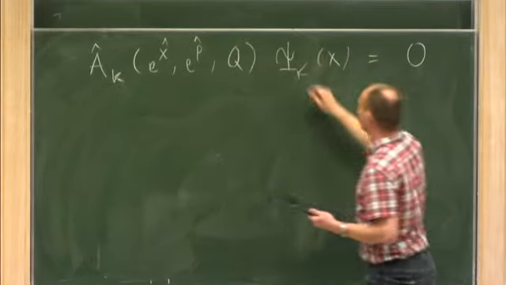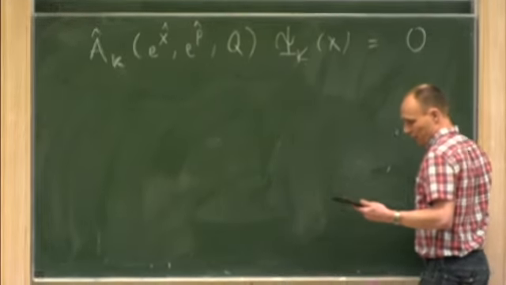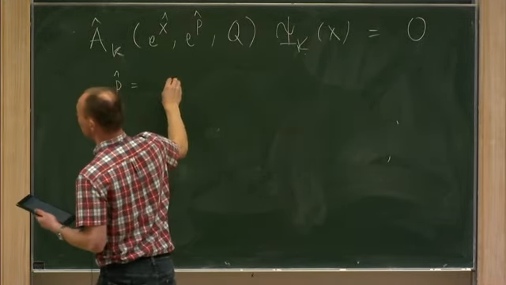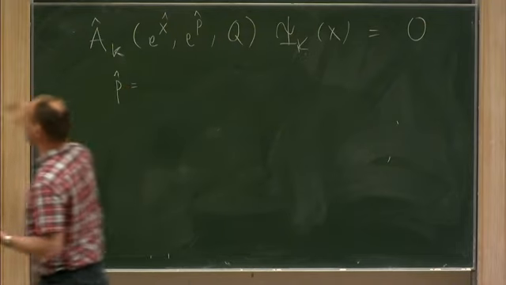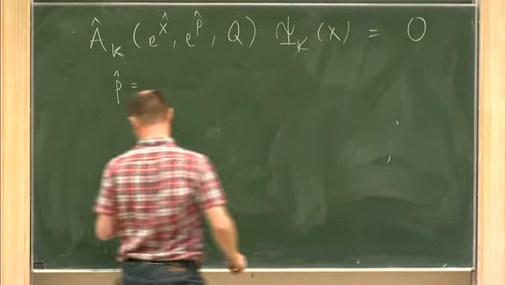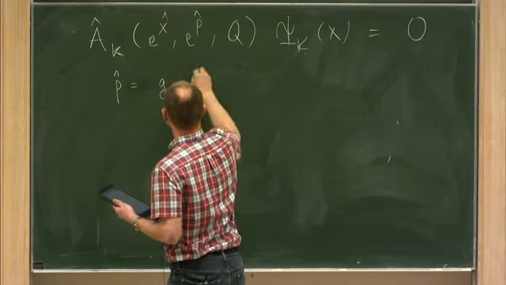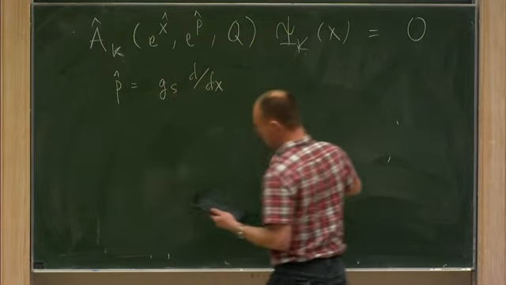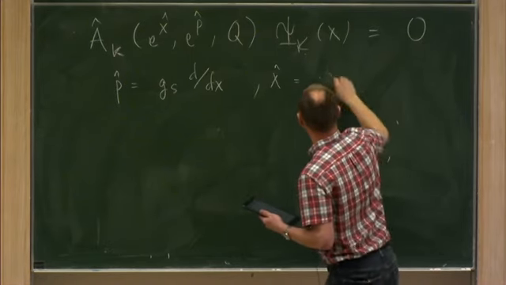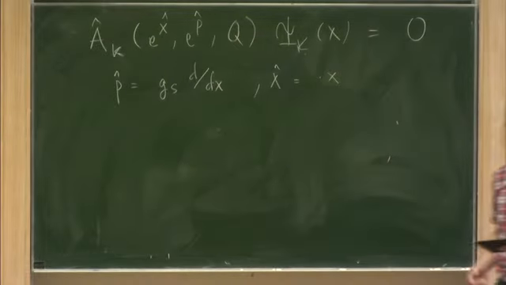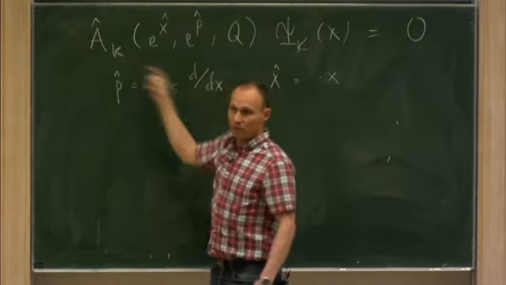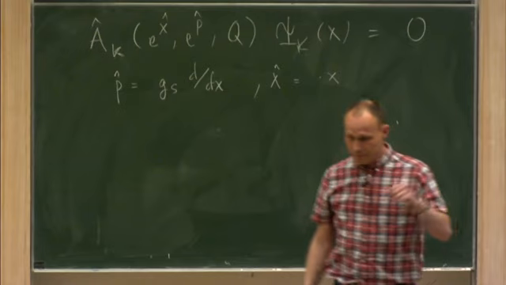So where these operators are, so p hat is, right, maybe I'll call this g_s for string coupling constant. So then this would be g_s d/dx, and x hat is just multiplication by x. And the main point is that this is a polynomial. So this is a polynomial in operators, right? So okay.